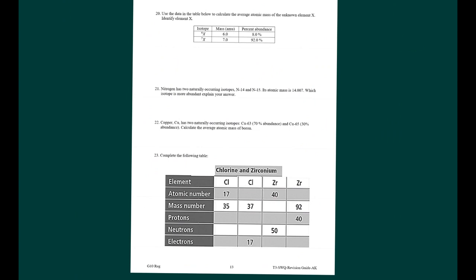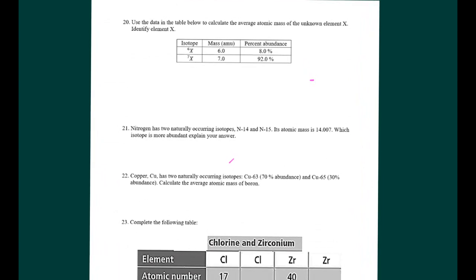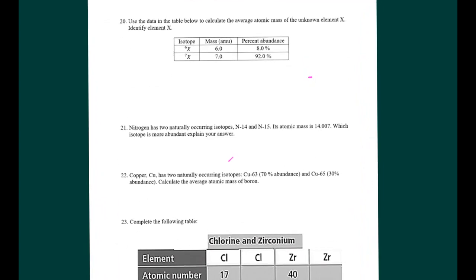Use the data below to calculate the average atomic mass of a known element X and identify X. To calculate, I told you to draw a line. The denominator is 100, and here two brackets, between them plus, multiply, and then use the number given.